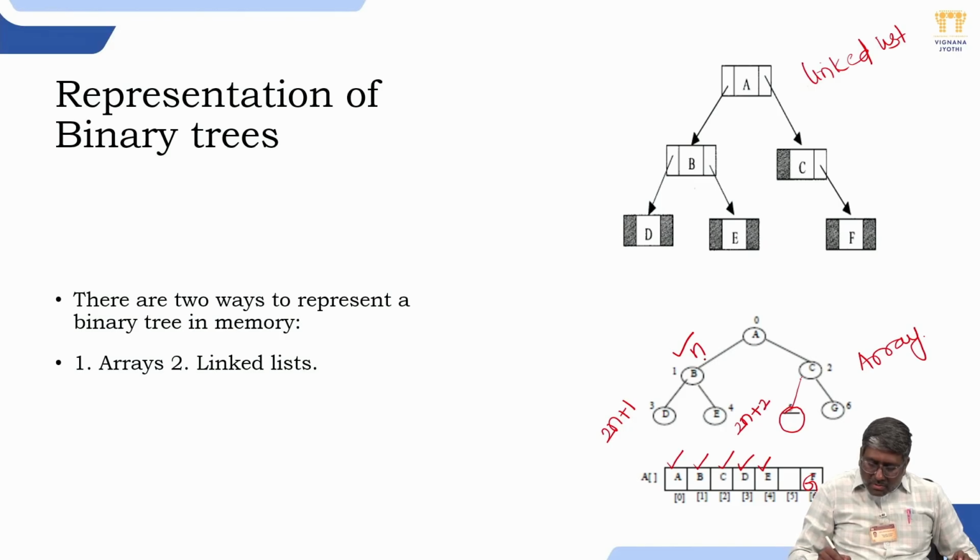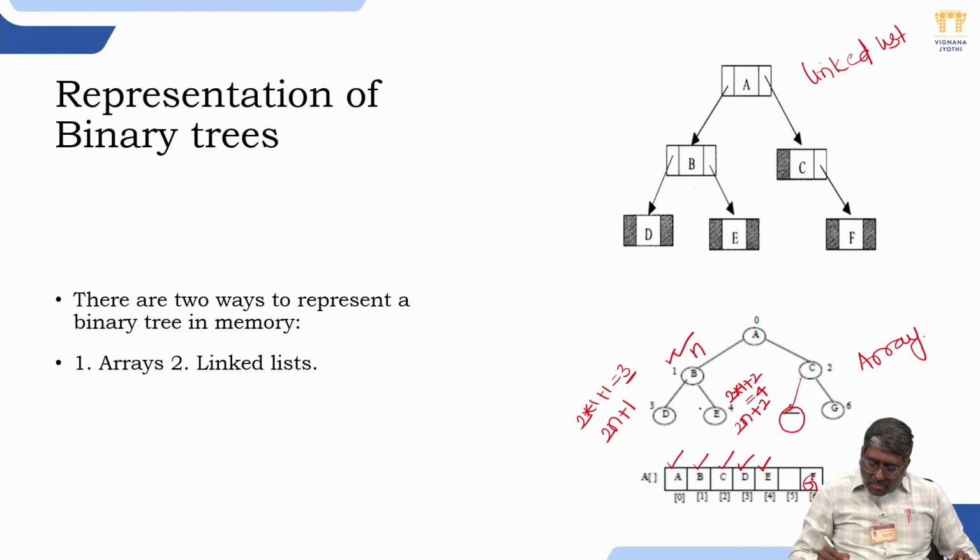Now if n is 1, the parent is at the first position, then its left child is at 2 times 1 plus 1, which is the third position. Similarly, the right child is at 2n plus 2, that is 2 times 1 plus 2, so the right child is at the fourth position.